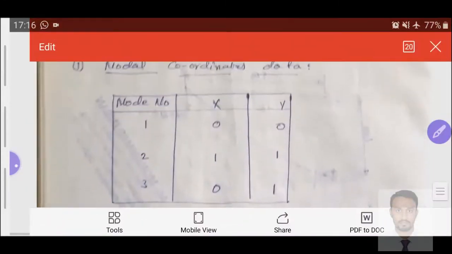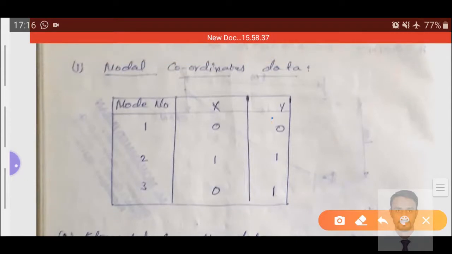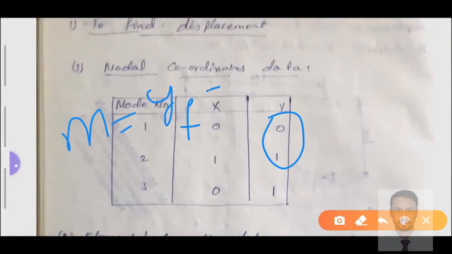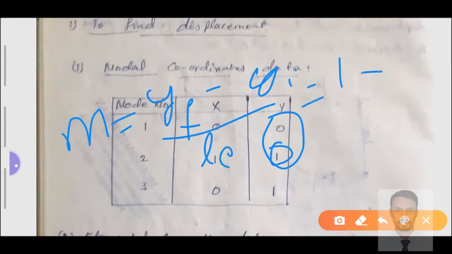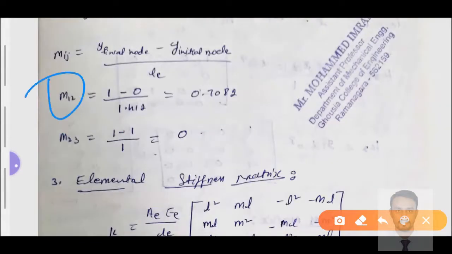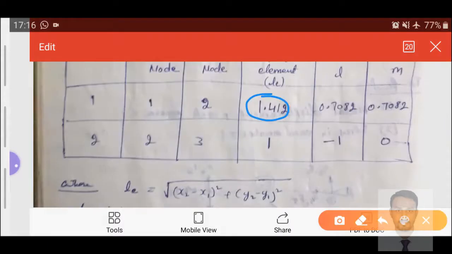Then again we need to find out the M value, that M is equal to y final minus y initial divided by LE. Y final is 1 minus 0, whole divided by 1.412, that is the same value, and then we get the same value.